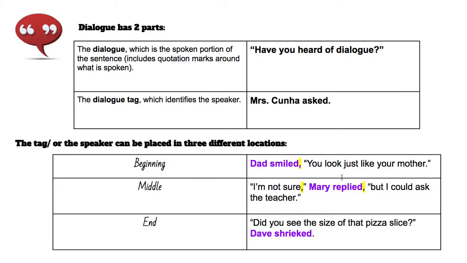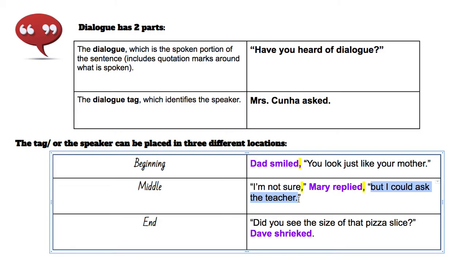Now in the middle, Mary is the one who's speaking here. I see it in the dialogue tag. It says Mary replied. "I'm not sure," Mary replied, "but I could ask the teacher." Now this gets tricky when you use the tag in the middle of the sentence. Because if you notice, "I'm not sure, but I could ask the teacher," that's what Mary says, right?